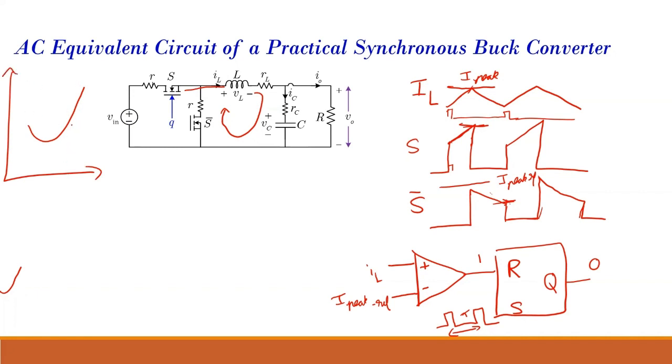But a small signal model is like we take around this point, we linearize it, and the behavior around this point is linear. Okay. So the model which will represent the behavior in this small region is known as the small signal model. But the model which will represent the entire behavior is known as the large signal model.